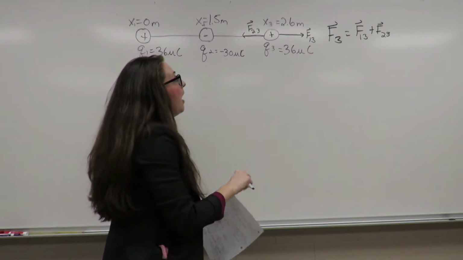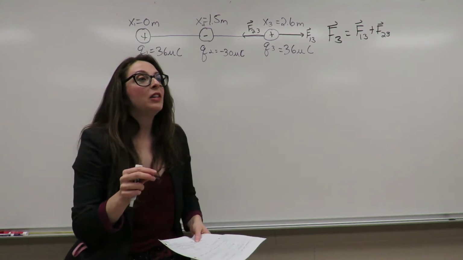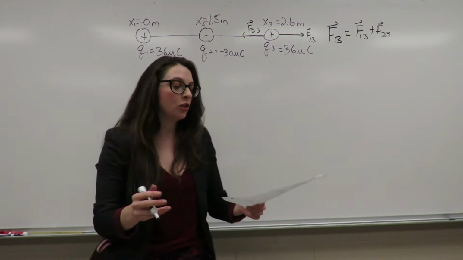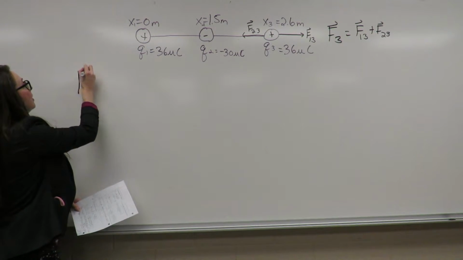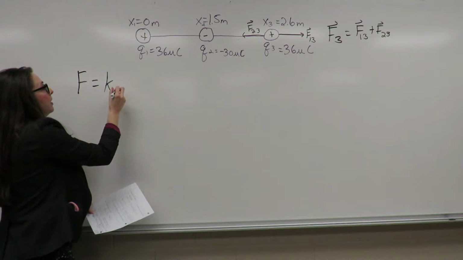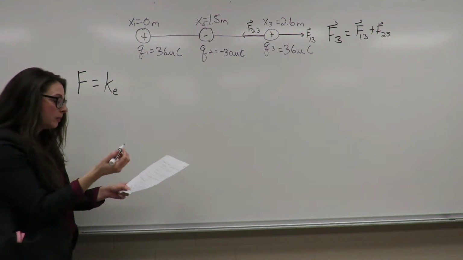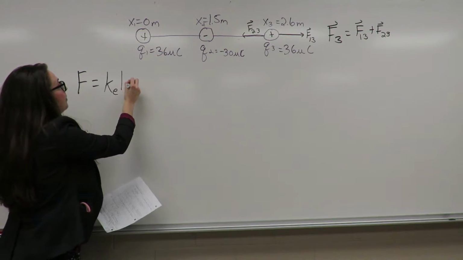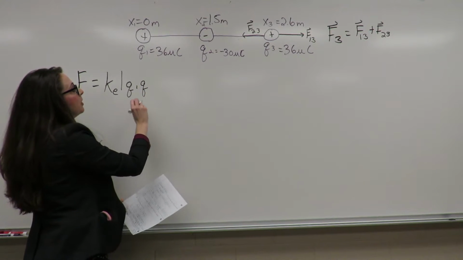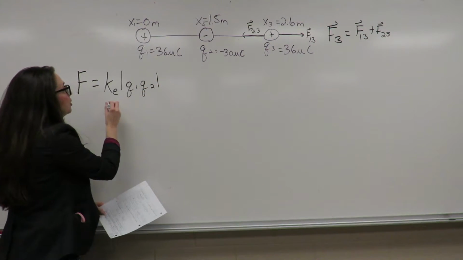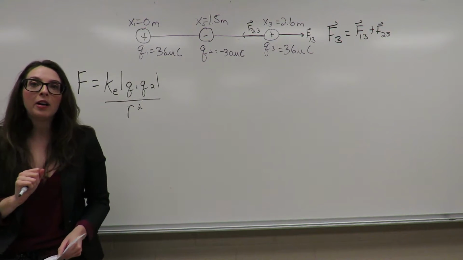So that's what these forces look like when we draw them in their vector form. Now we need to get the magnitude of these forces. The magnitude of the force that one charge exerts on another is equal to the constant K, sometimes called the Coulomb constant, times the absolute value of one of the charges, times the absolute value of the second charge, all divided by the distance between them squared.